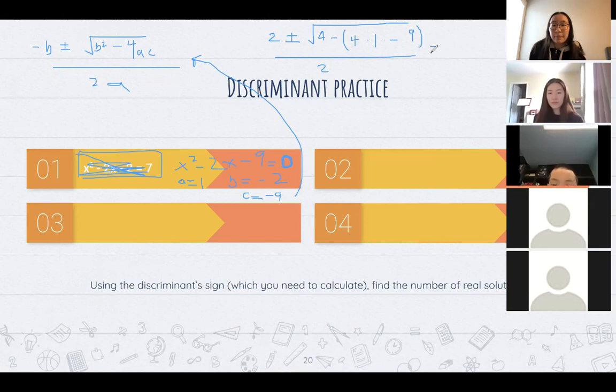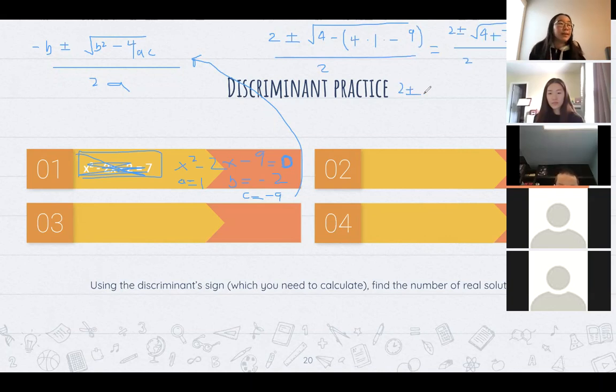So 2 plus or minus the square root of 4 minus -36. So it'd be 4 plus 36, all over 2. 2 plus or minus the square root of 40.